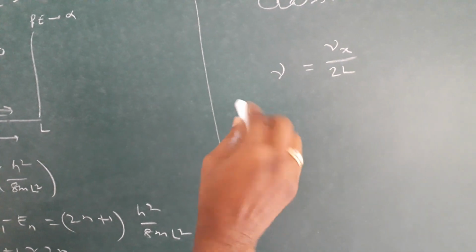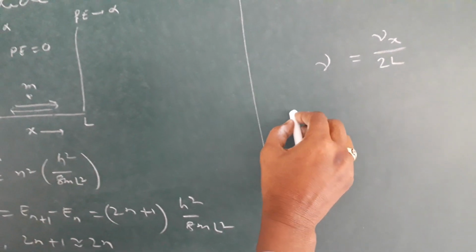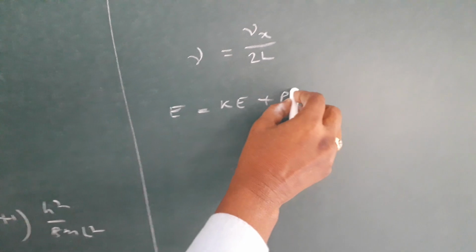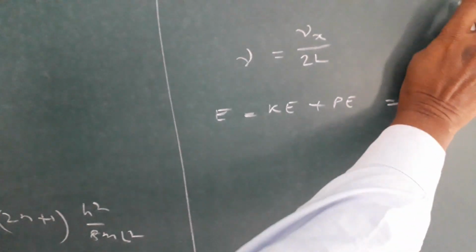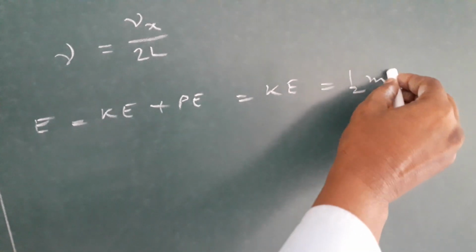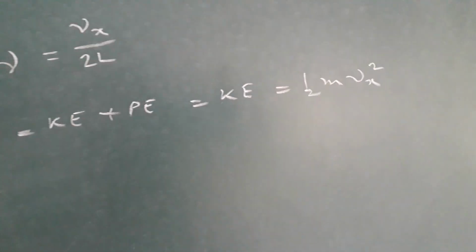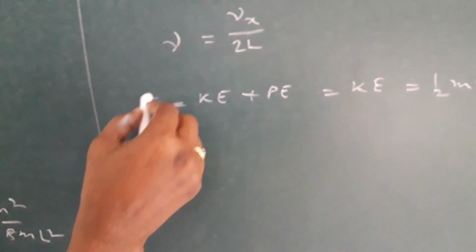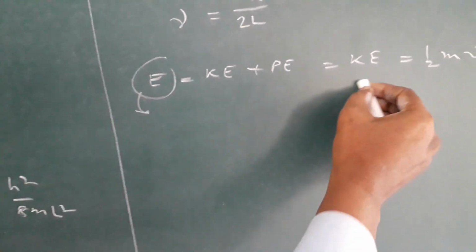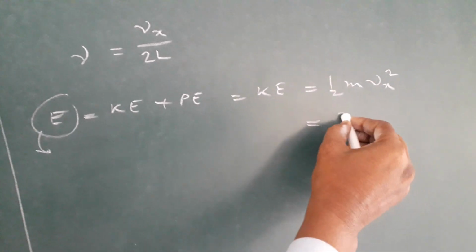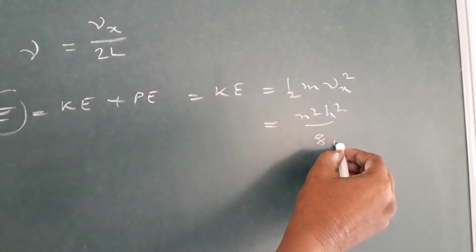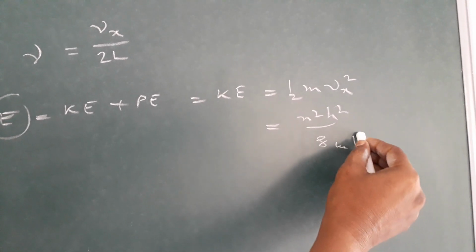But energy equals kinetic energy plus potential energy, but in this case potential energy equals 0, so this is kinetic energy only, and this one equals half m Vx square. This is the kinetic energy, and this energy, we know, equals n square h square divided by 8 m L square.